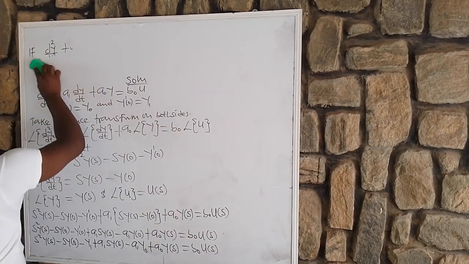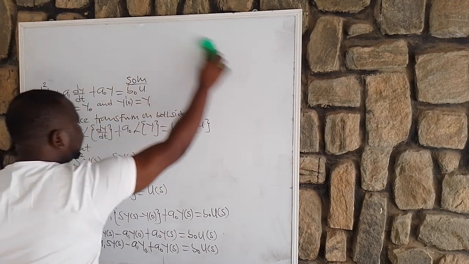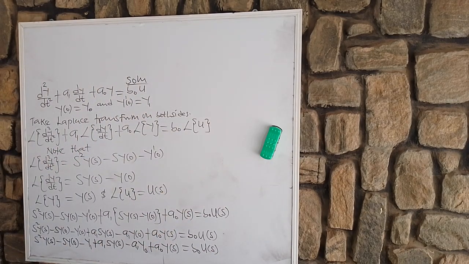Here we are going to collect like terms. I will not substitute here. Why not? Here is supposed to be s y0, true or false?